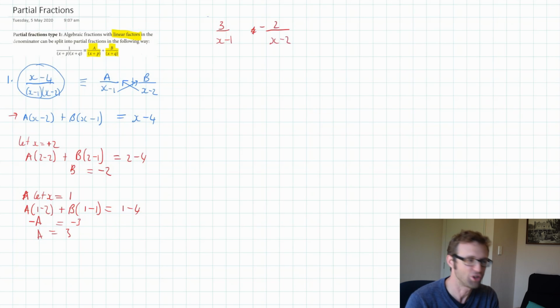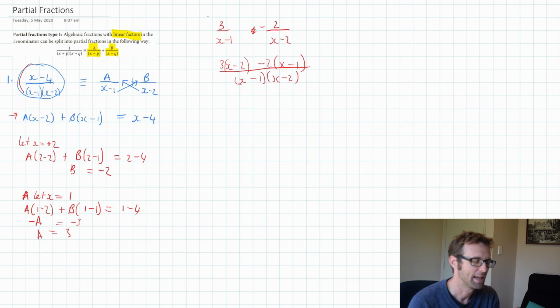Now, you don't need to do this last step, but if you want to check that it is equivalent to what we started with over here, you can cross multiply, and so you get 3 into x minus 2 minus 2 into x minus 1, and that's all going to be over x minus 1, x minus 2. And what do we get? If we look at that, we get 3x minus 6 minus 2x plus 2.